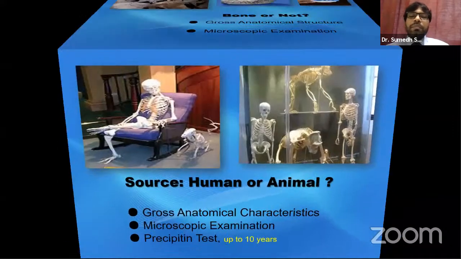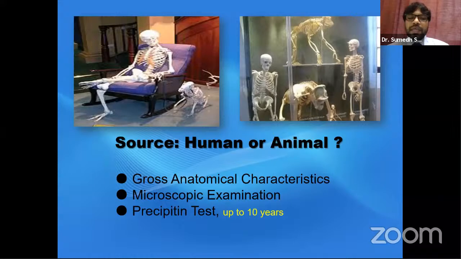Now, the second most important thing is the source of the skeletal remains. It may be human or it may be of other species. Again, I have received certain specimens, certain skeletal remains with animal bones mixed with the human remains.